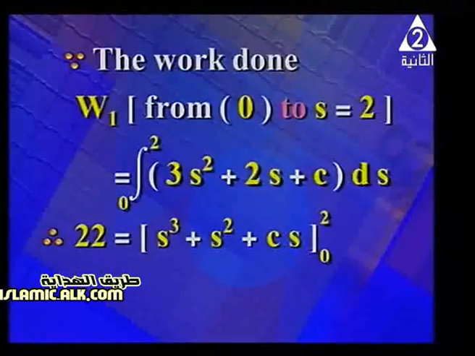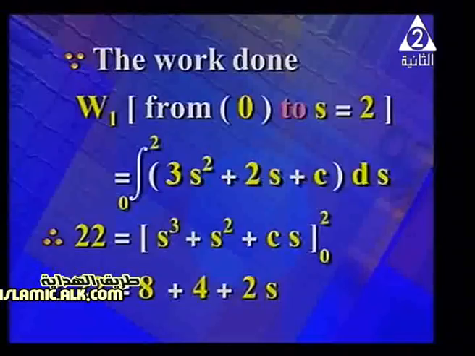Then by substitution at s equals 2 and at s equals 0, 22 equals 8 plus 4 plus 2c, then c equals 5.